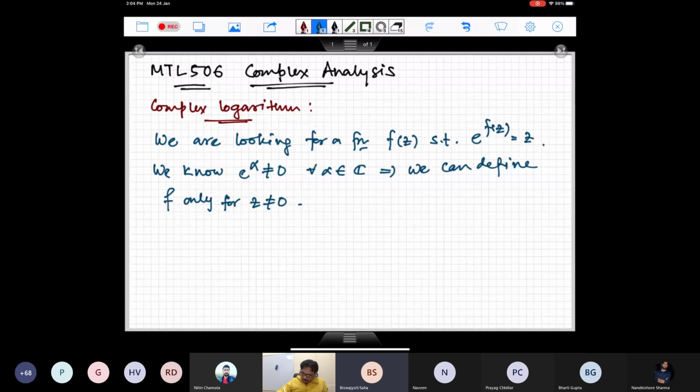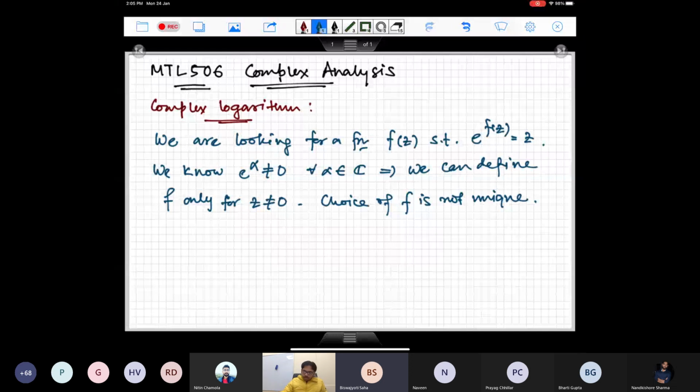And exactly what I told you in the last lecture, this function f is not unique. The choice of f is not unique, because we have seen already that the exponential function is not injective. For every point in the range of the exponential function, I might have several pre-images, in fact infinitely many.